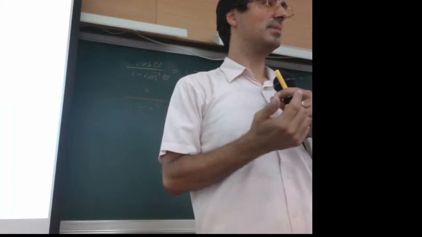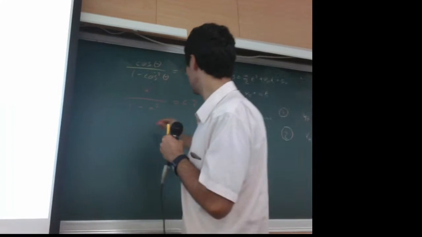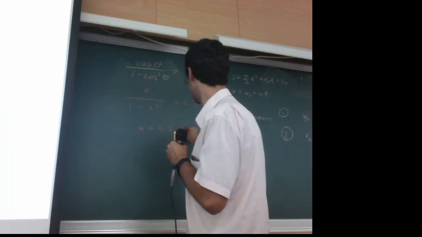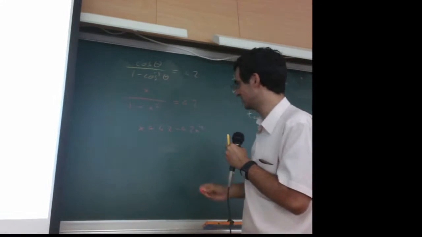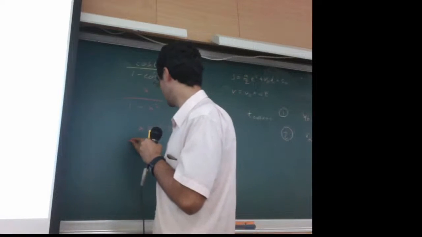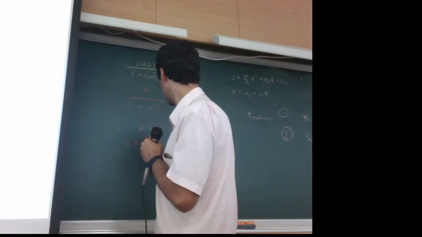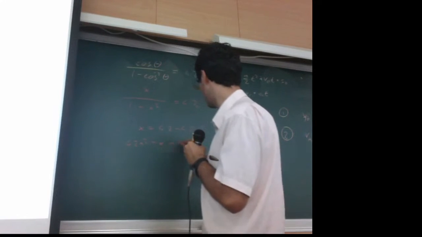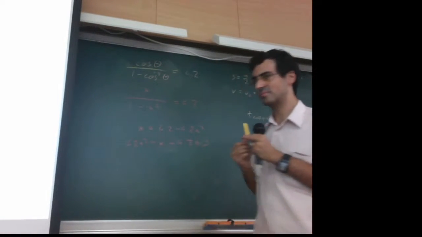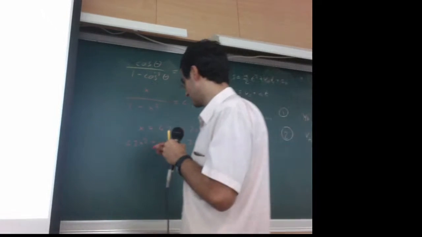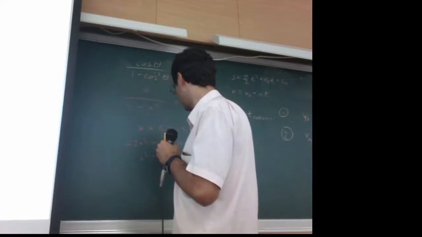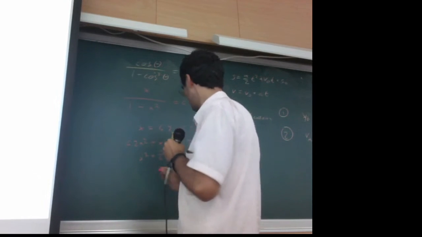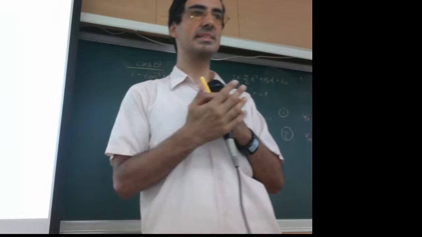Why? Because maybe this one you know, right? Basically, I have x equals 4.2 minus 4.2 x squared. Or if you like it better, 4.2 x squared plus x minus 4.2 equals 0. Or x squared plus 1 over 4.2 x minus 1 equals 0. Pick one that you like.